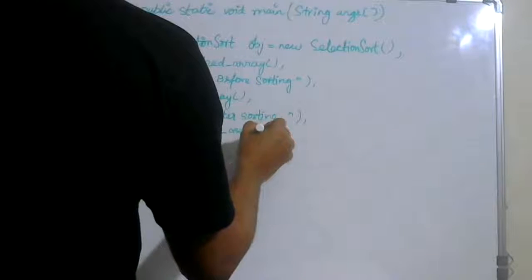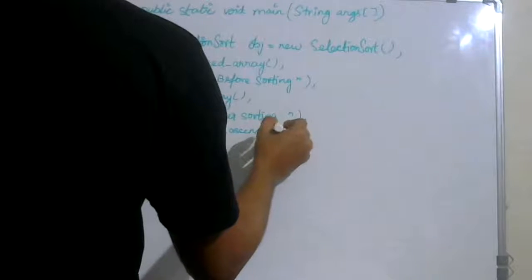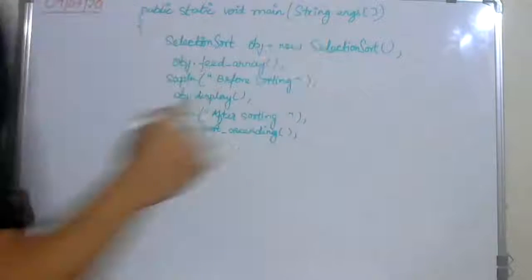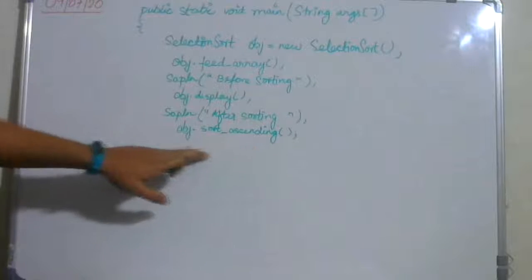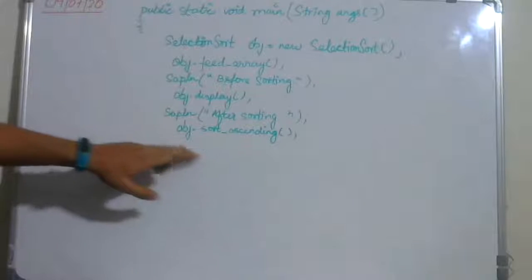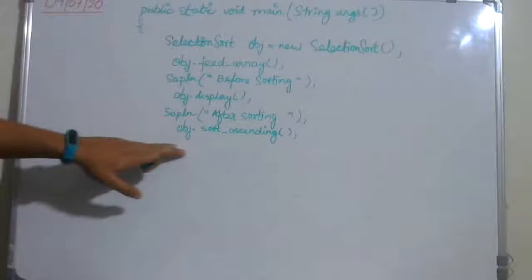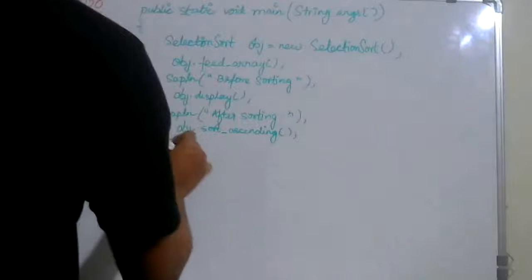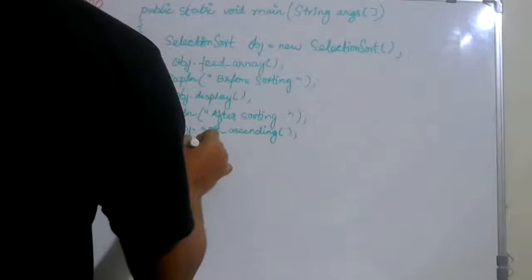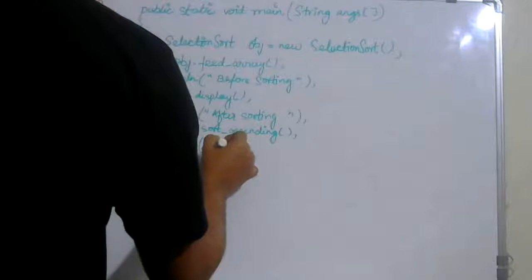So we are first sorting it in ascending order. Once we have made a call to this function, the array is automatically sorted in ascending order after this function is executed.